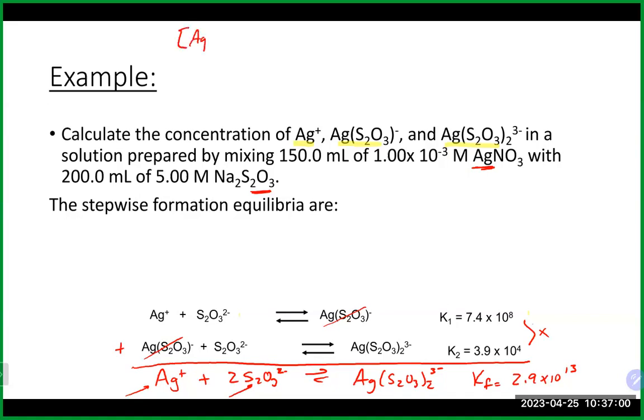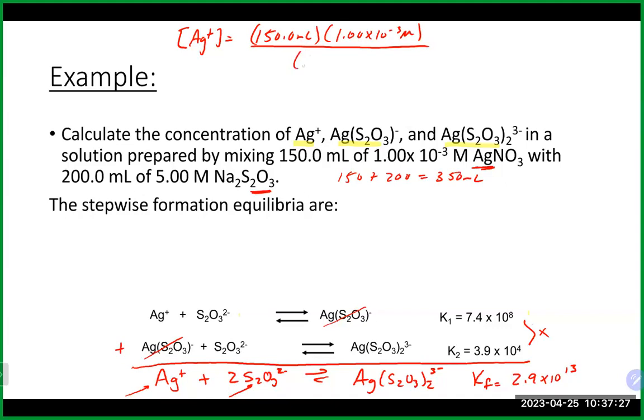So our silver concentration should be 150 milliliters times the molarity, which is 1 times 10 to the minus 3. And the total volume here is we're taking 150 milliliters and adding 200 milliliters to it. And that's going to give us 350 milliliters as our total volume.